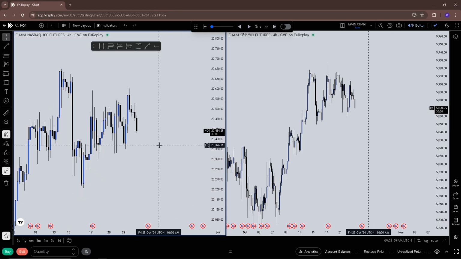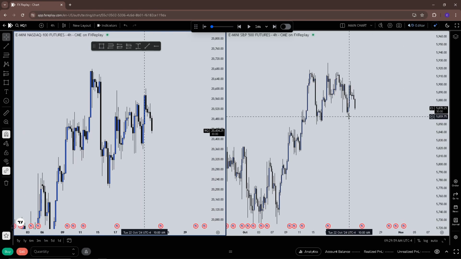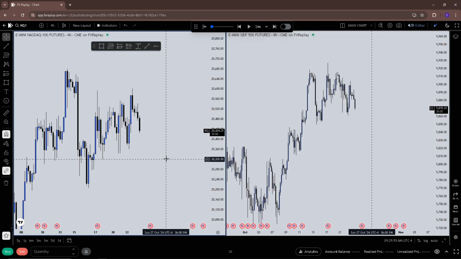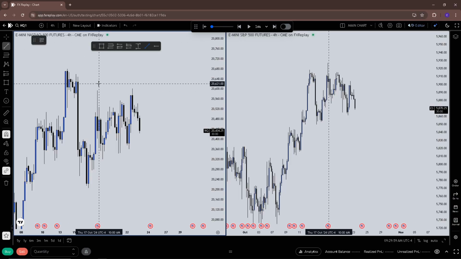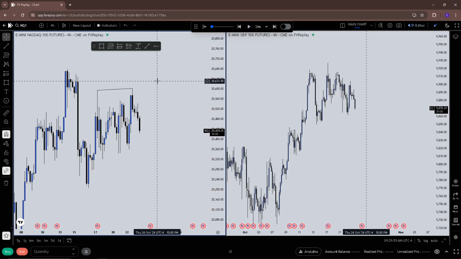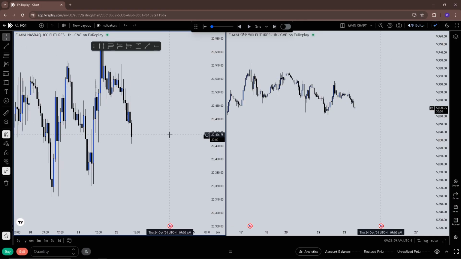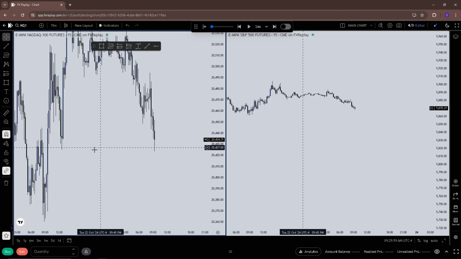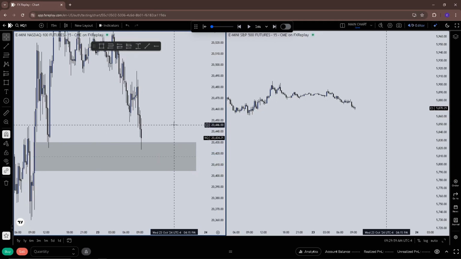If we inverse this 4 hour, we look bearish. We've been slowly trending upwards. We are delivering out of this 15-minute.